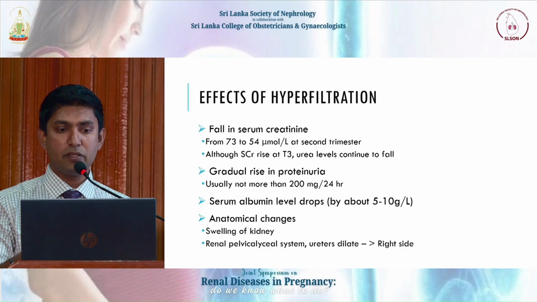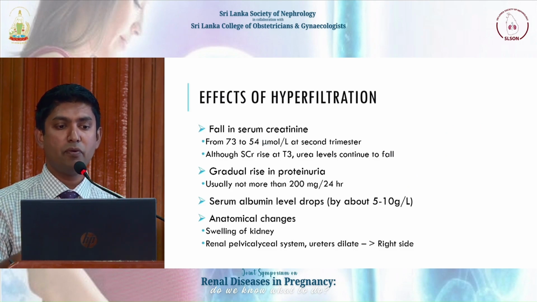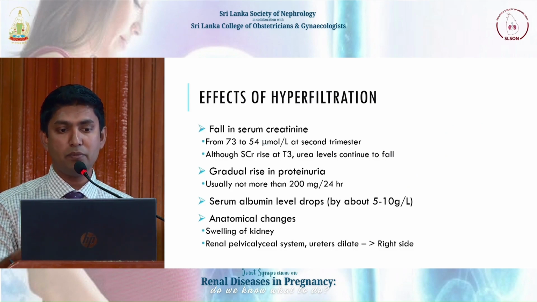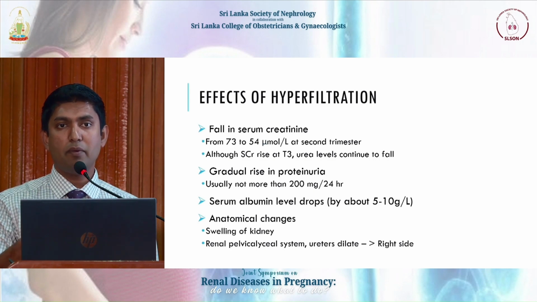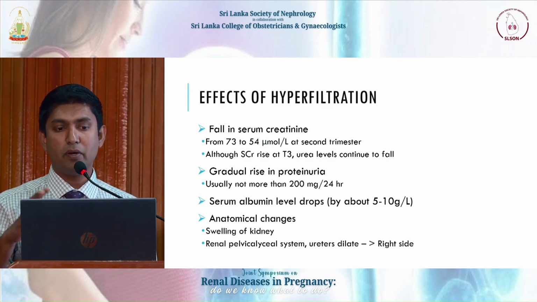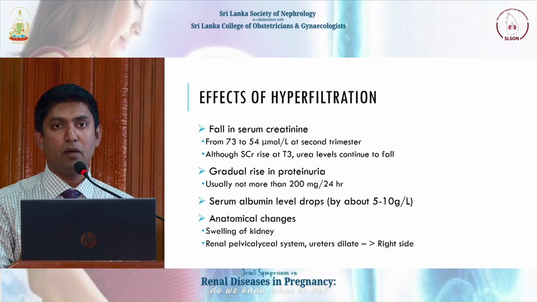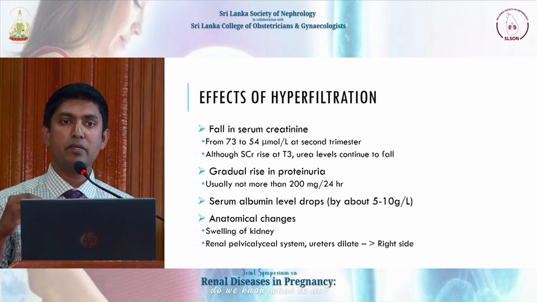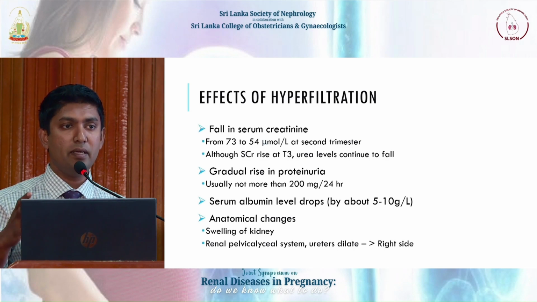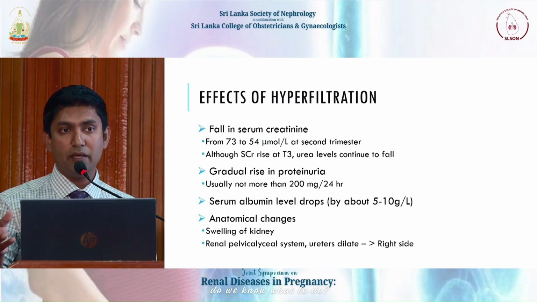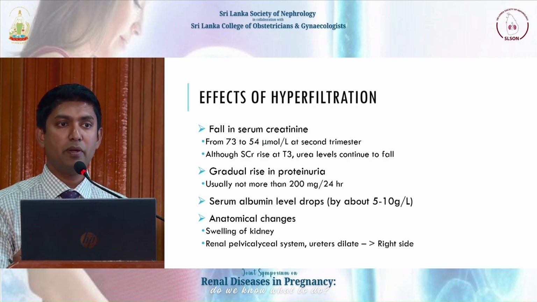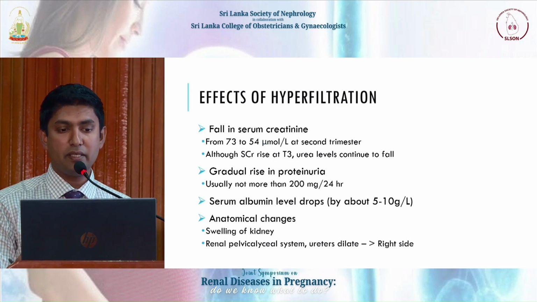So the effect of hyperfiltration is a fall in the serum creatinine. You will observe from about 72 to about 54 at the second trimester, and gradually rise but not coming to the normal level. Now, this is important because sometimes serum creatinine level can be falsely normal even if there is some glomerular dysfunction.